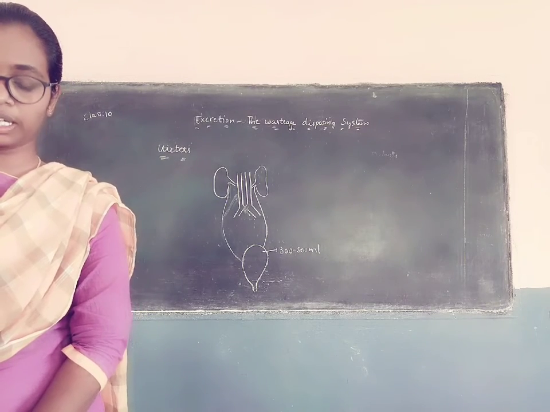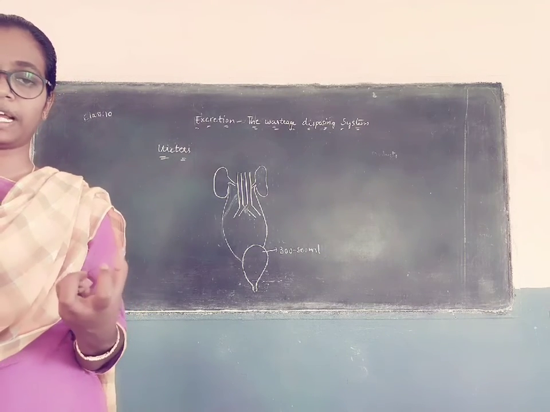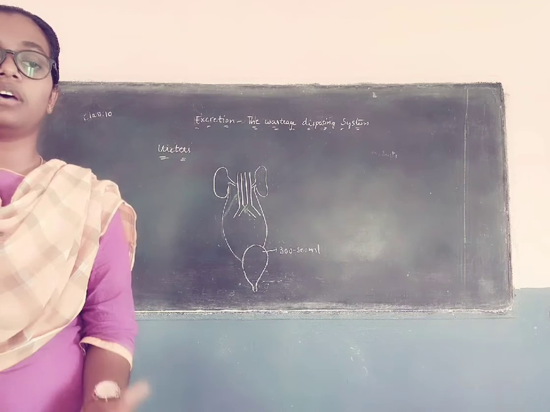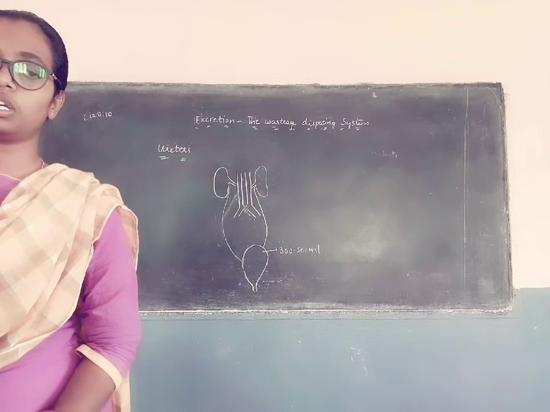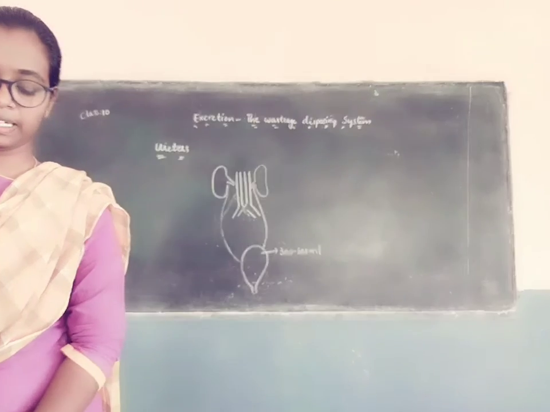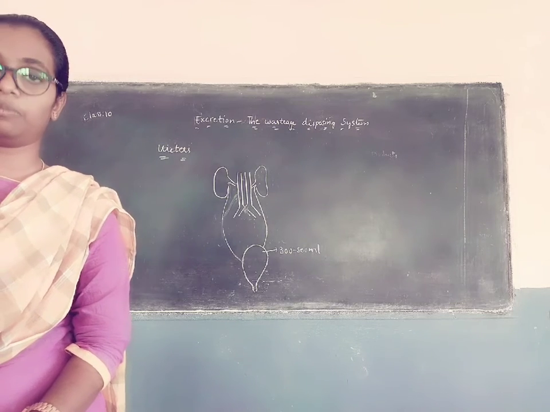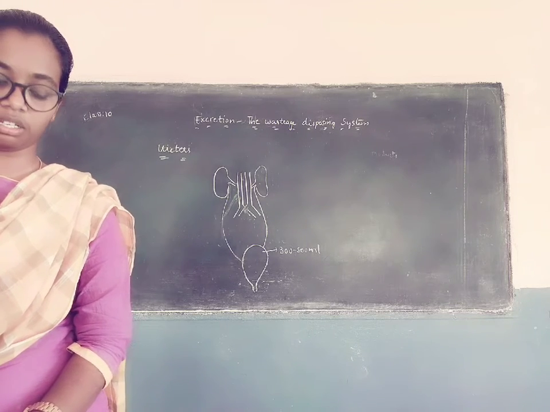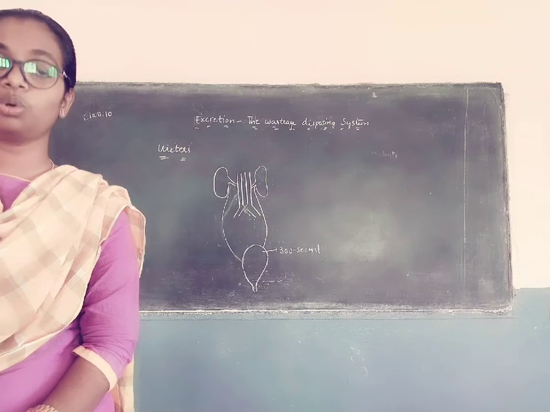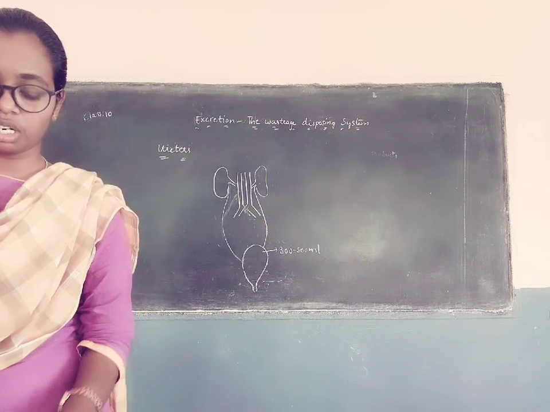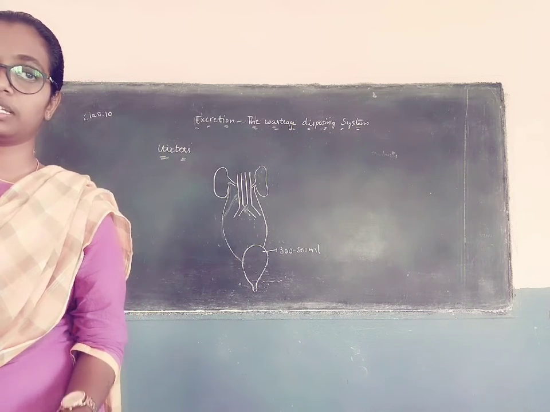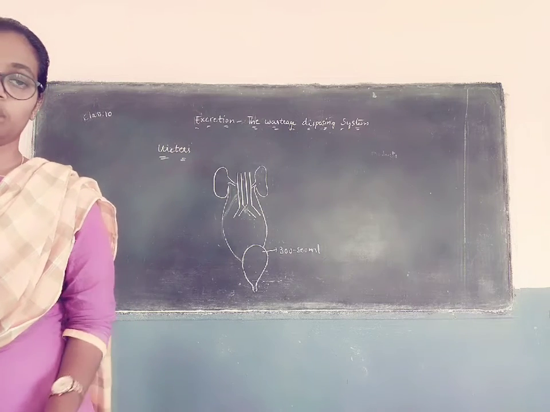Okay, so what happens? The bladder starts stretching when more urine is secreted into it, and at this time we will feel some pain, and it leads to voluntary micturition. After a period of time, we will pass out the urine.